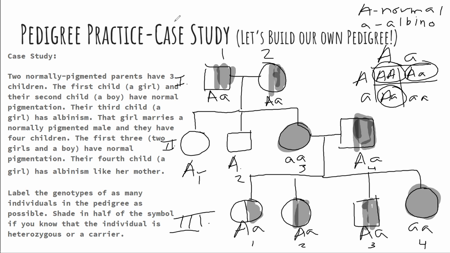Capital A, leave a blank. We know they're not affected. That's why we had that capital A. But we don't know if they're carriers or whether they're completely unaffected. We wouldn't know that unless we knew what their kids were. So leave the capital A blank, capital A blank.